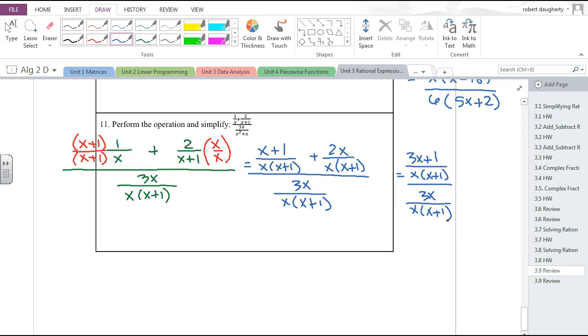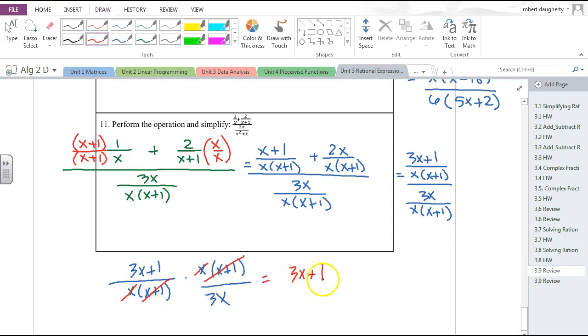I can turn this division into a multiplication. So this is 3x plus 1 over x plus 1 times x plus 1 divided by 3x. x over x is 1. x plus 1 over x plus 1 is 1. This answer is 3x plus 1 over 3x.